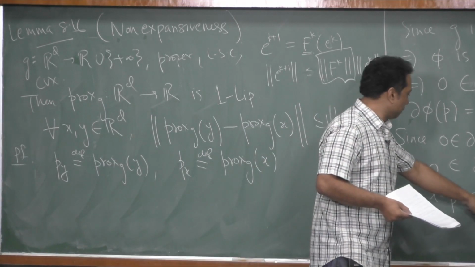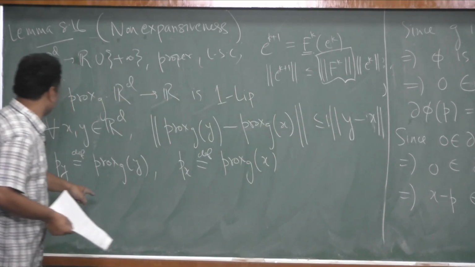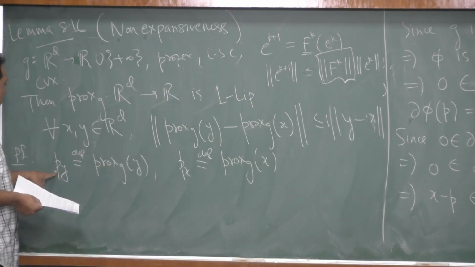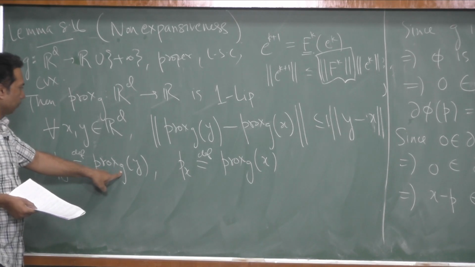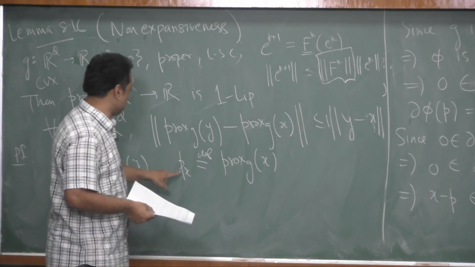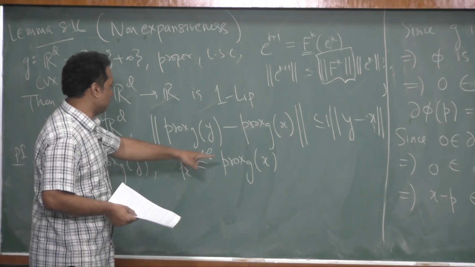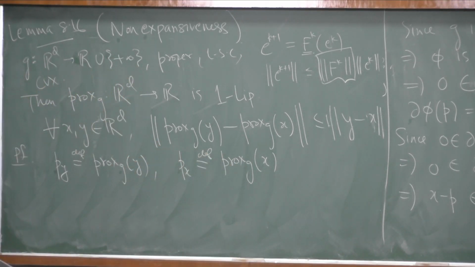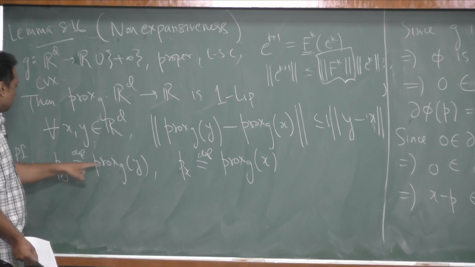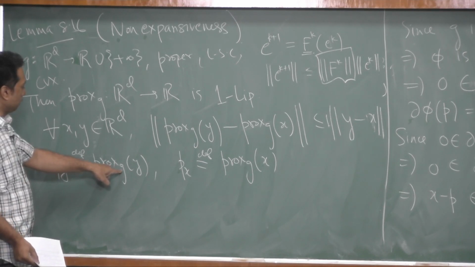That's what we proved. So hence from here I can say that y minus Py is in the subgradient of G at Py, and here I can say that x minus Px is in the subgradient of G at Px.